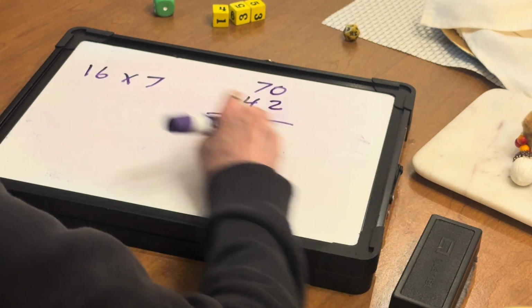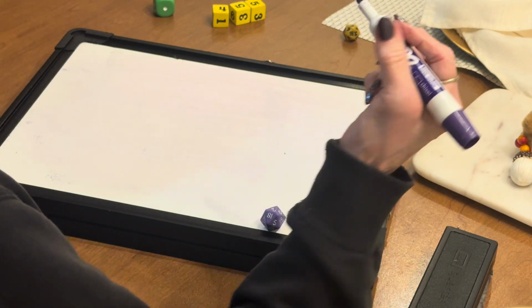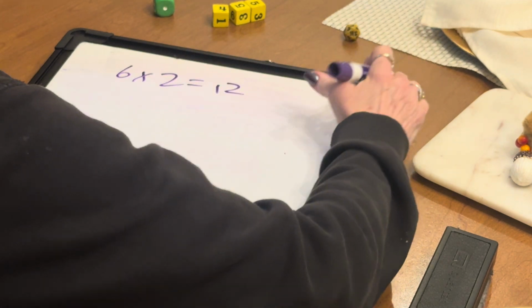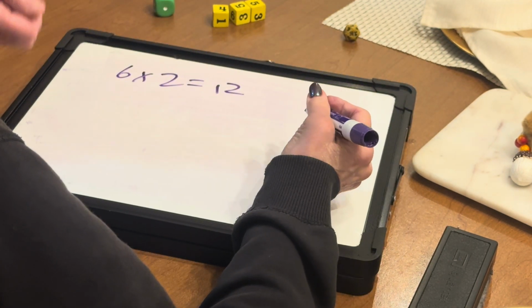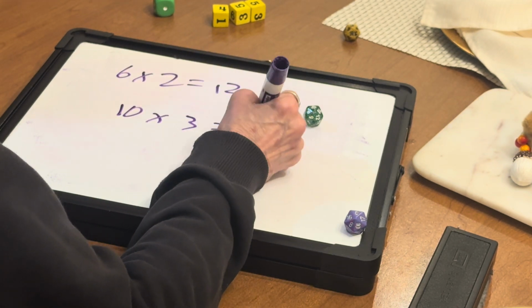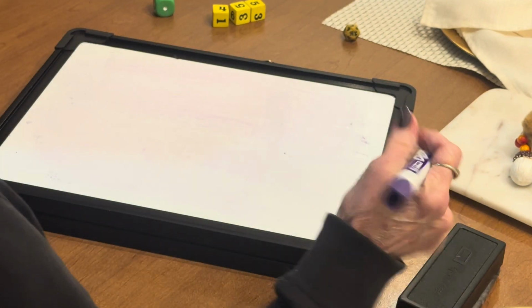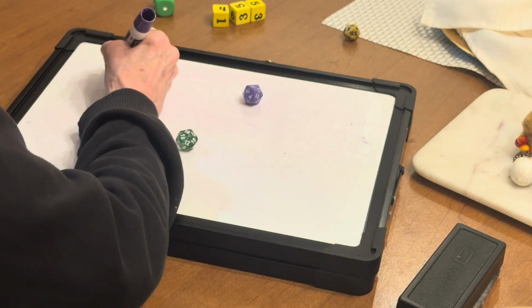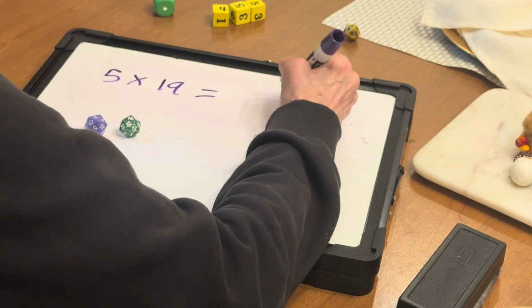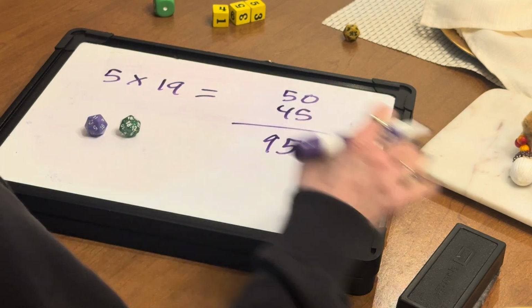So 112. 6 times 2 equals 12. 10 times 3 equals 30. 5 times 19 equals, okay, 5 times 10 is 50, 5 times 9 is 45, 95. 5 times 19 equals 95.